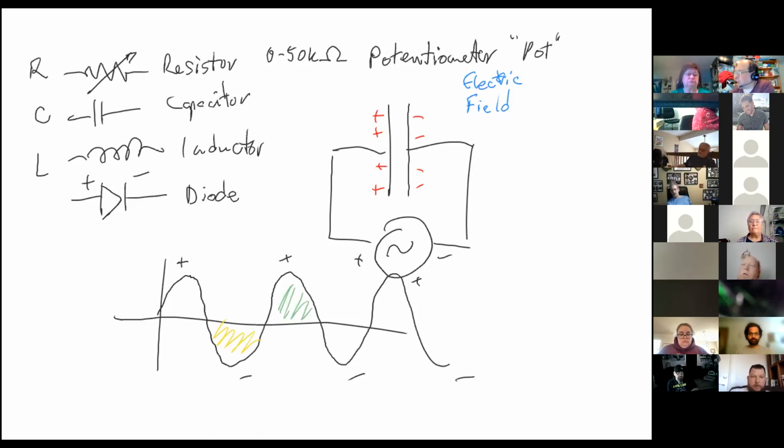The capacitor, what does the battery see? If I were in the battery, what would I see? I would see current flowing this way, and then this way, and then this way, and this way, right? Let's say I didn't know what was on the other side of the wall. So here's the wall.